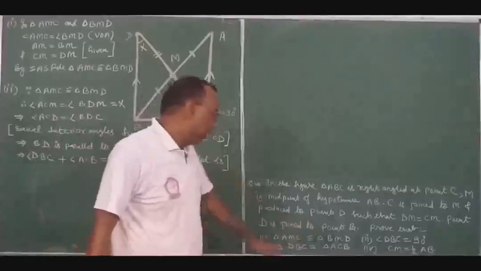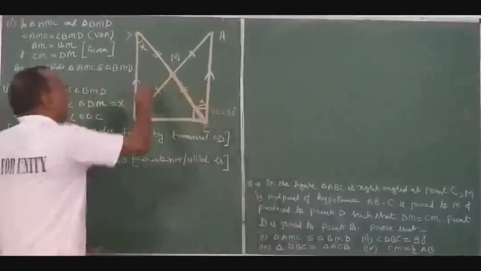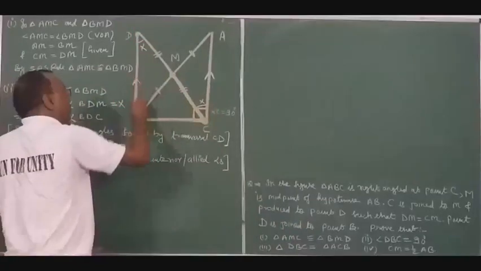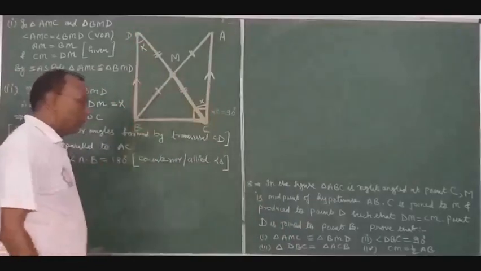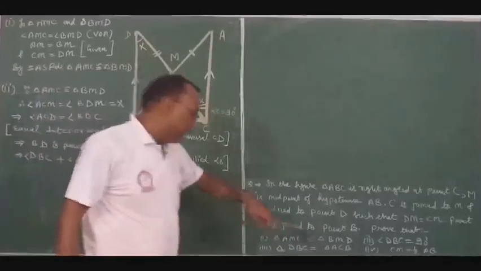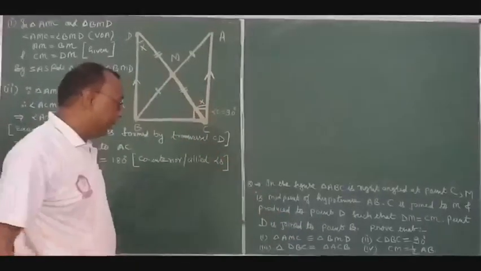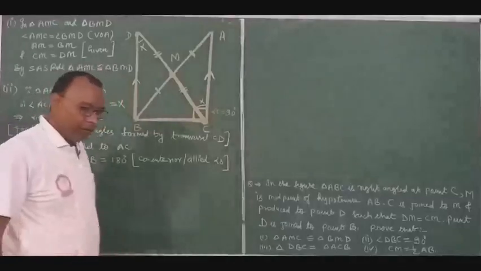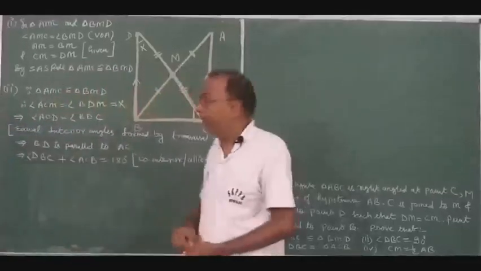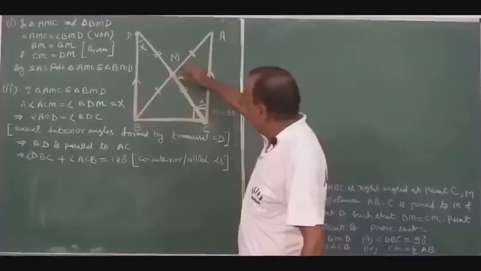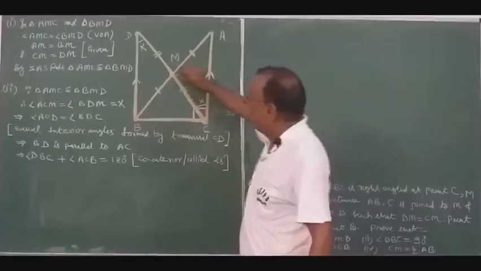Point D is joined to point B. So now you have to prove that triangle AMC is congruent to triangle BMD. This is triangle AMC and this is BMD.